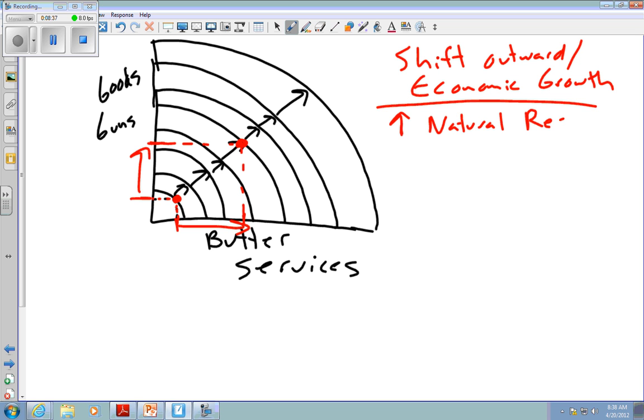Maybe you discovered phenomenal oil reserves or natural gas reserves like we sort of have in the United States in the last couple of years. That could lead to a potential eventual shift out to the right. If you think about Alaska, it was bought for 2 cents an acre. Seward's Folly, it was kind of made fun of. Alaska has paid for itself over and over because of the oil reserves that were found in Alaska. Okay, it turned out to be a very cheap buy.